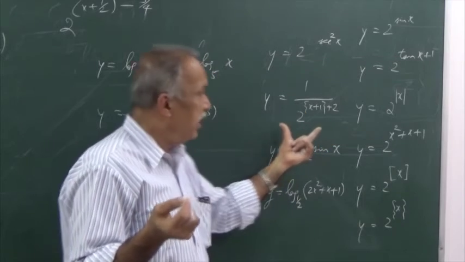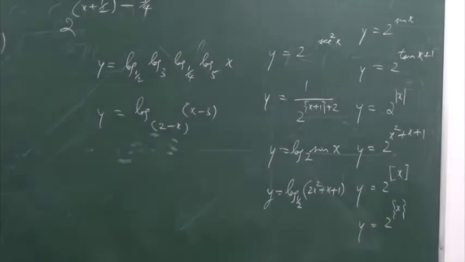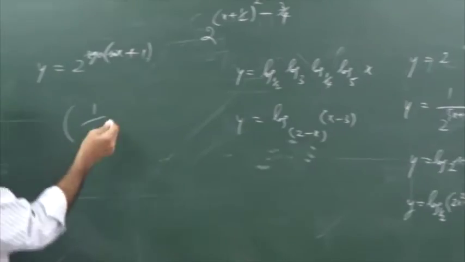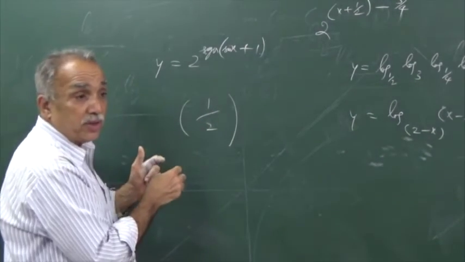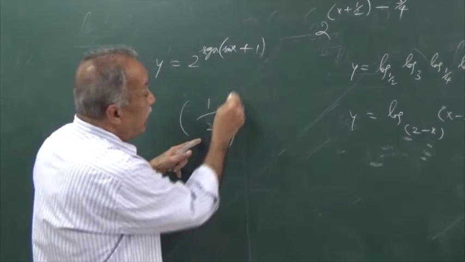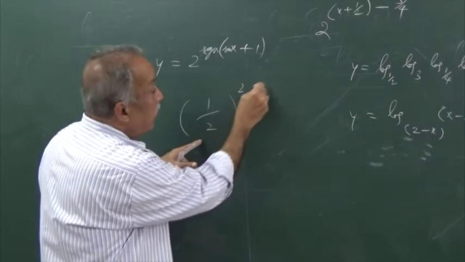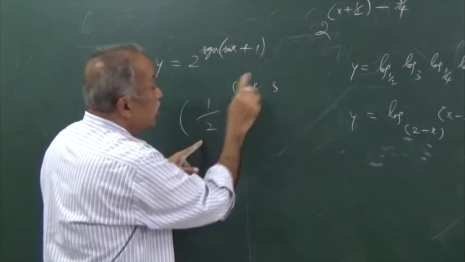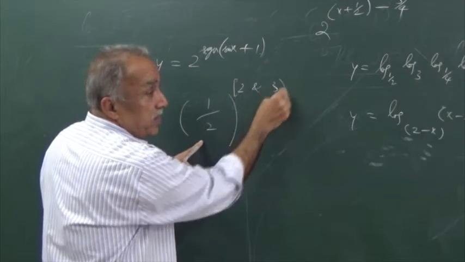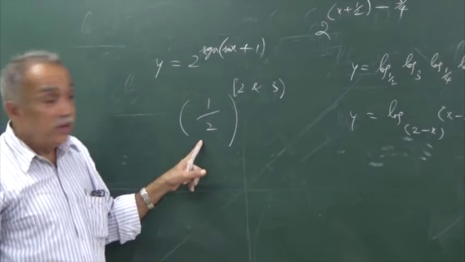So, okay, let me treat it as half to the power something. Why should I treat it as 1 by 2 to the power something? Let me have it as half to the power something. Half to the power a number between 2 and 3, 2 included, 3 excluded. Am I right? Yes.